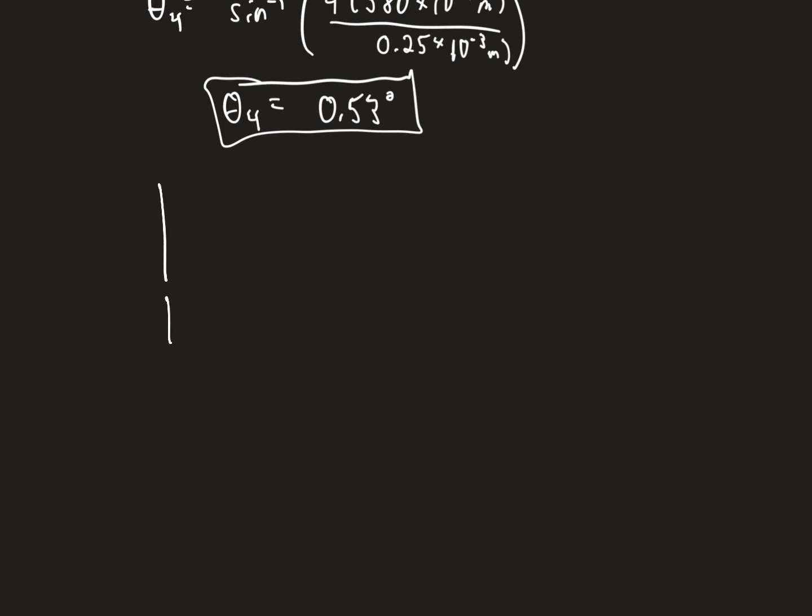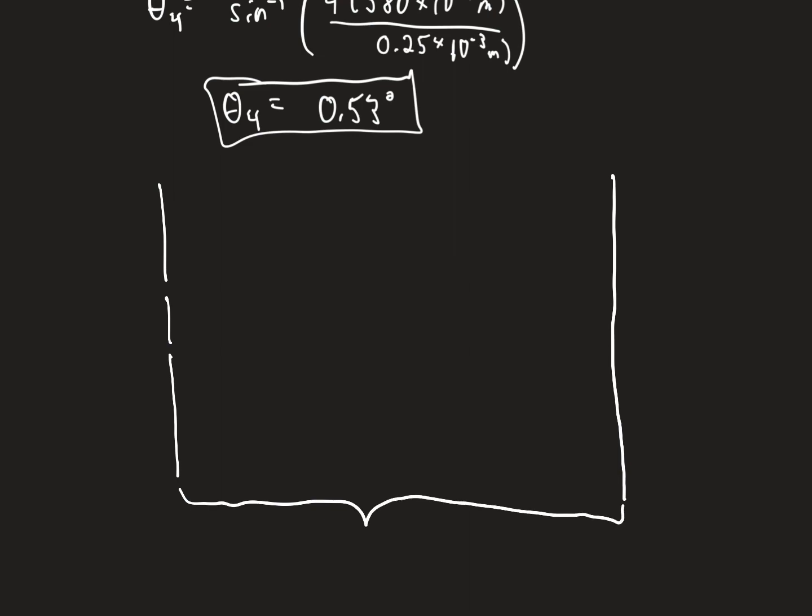So here's my 2 little slits. There's my screen. We now assume that the distance, capital D, is equal to 2.0 meters.